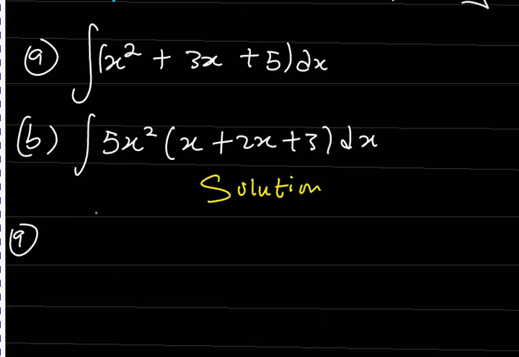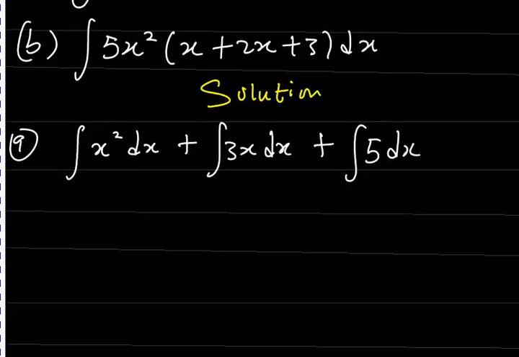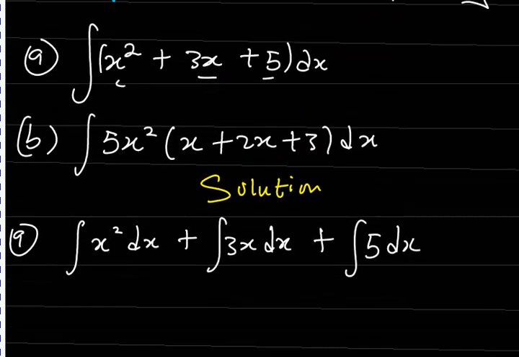Starting with A. I'm going to integrate this individually. So this is the same as the integral of x squared with respect to x, plus the integral of 3x with respect to x, plus the integral of 5 with respect to x. You can decide to separate it, or you can just go ahead and integrate individually.